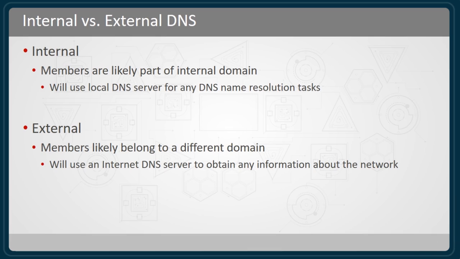So when any system is requesting a name resolution to an IP address, it will use a local DNS server for any DNS name resolution tasks. So what does this look like? This is you at work, in your office, interacting with the servers that you need to contact on a daily basis to do your job. You submit print jobs, you copy files from servers, you retrieve your email.